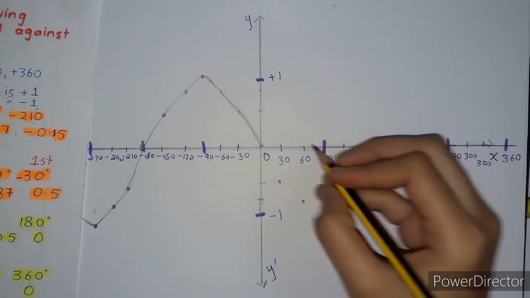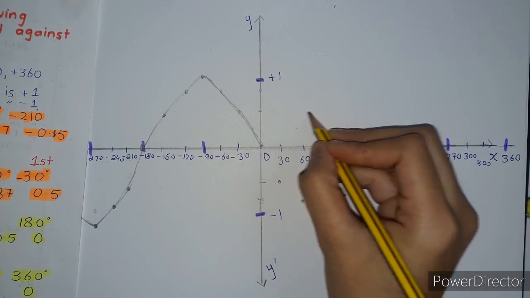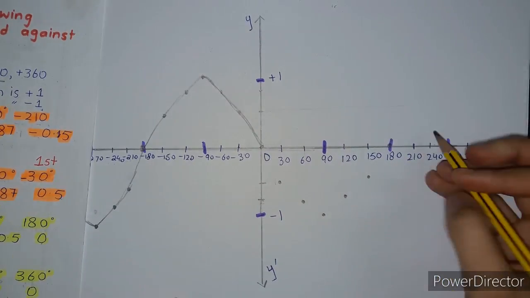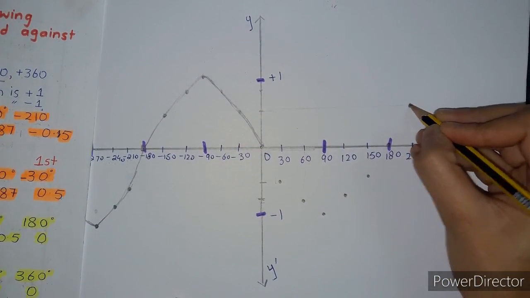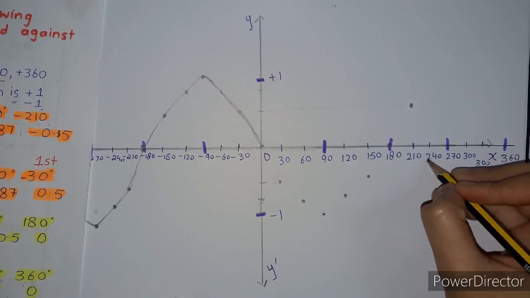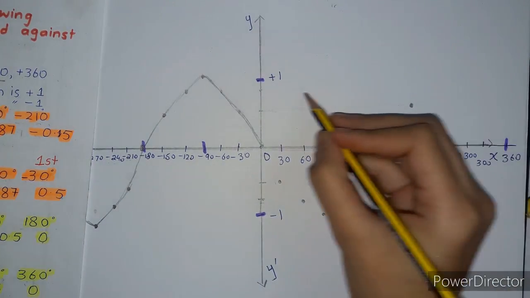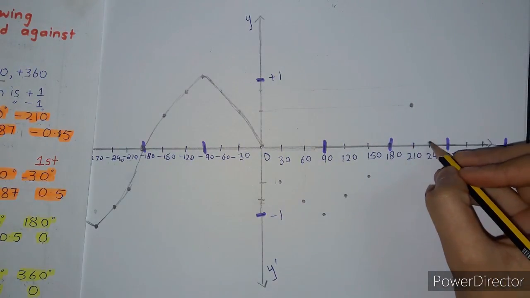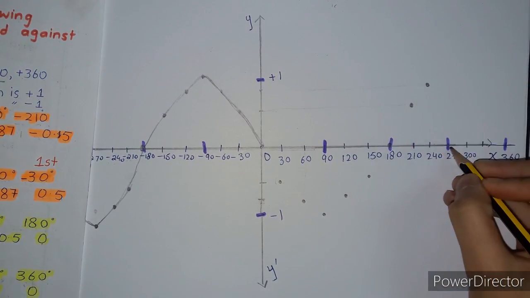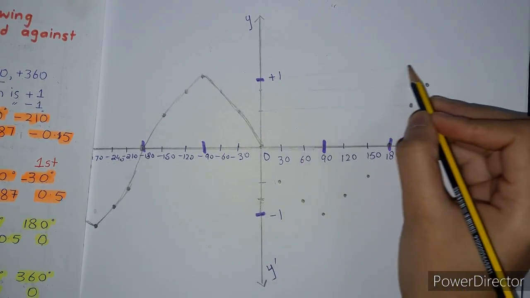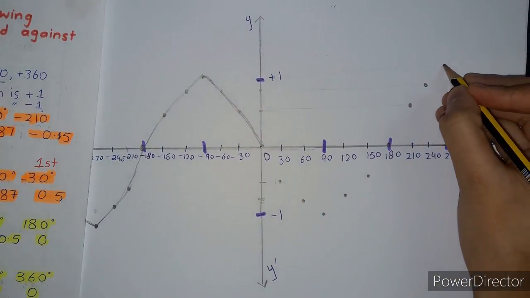Then we are having the positive values. 120 is 0.5, so here 0.5 here, and 240 is 0.87 here. Then it is 270 is 1 here.